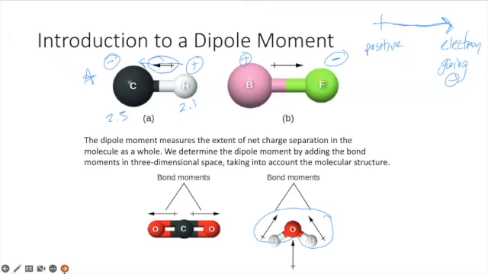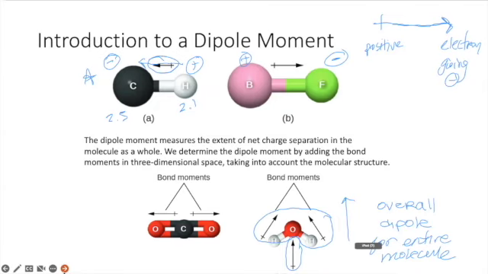But there's this whole idea that we can draw an overall dipole for the entire molecule. And that's what this arrow is depicting. If we were to sum these arrows together, for the most part, the electrons are hanging up by the oxygen.